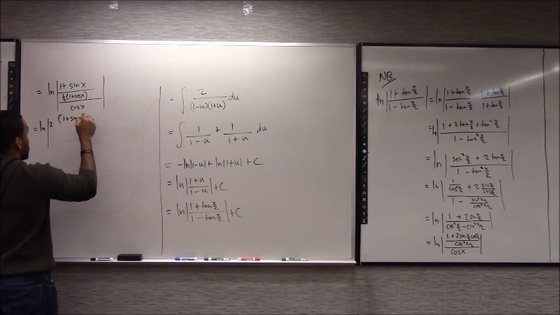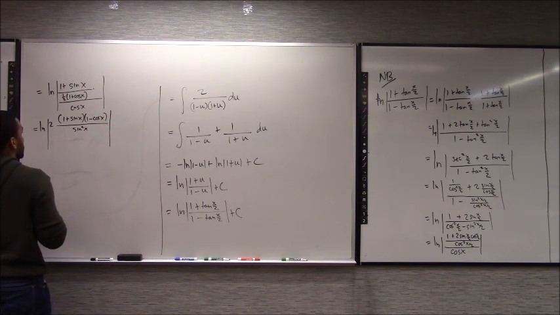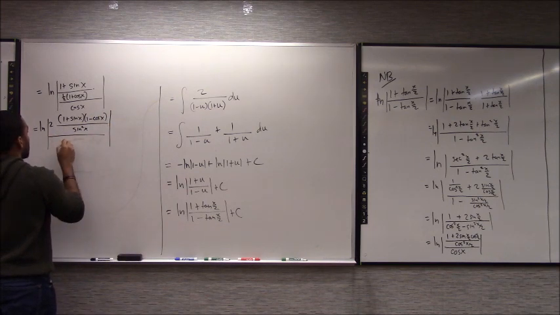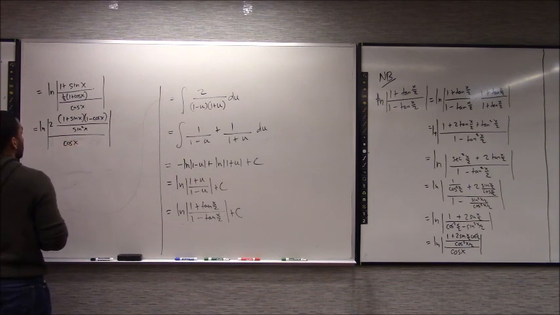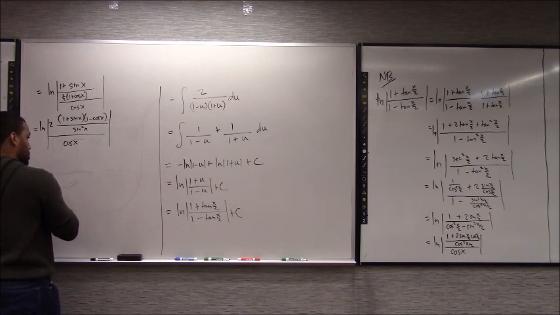Now that I'm seeing this, I think there was an easier way to get here. I think there was a nicer way to get here. Hold on. I'm just applying the half angle identities. But I think I could have used a nicer trig form to get here.